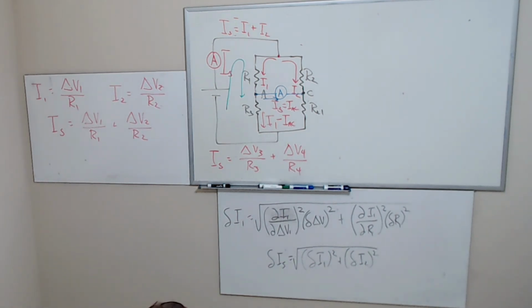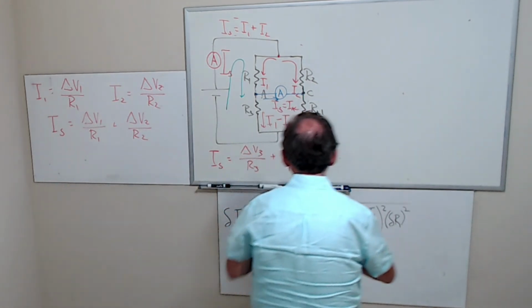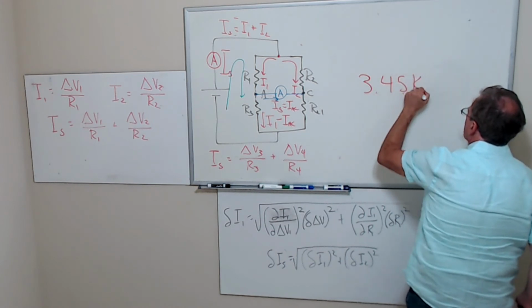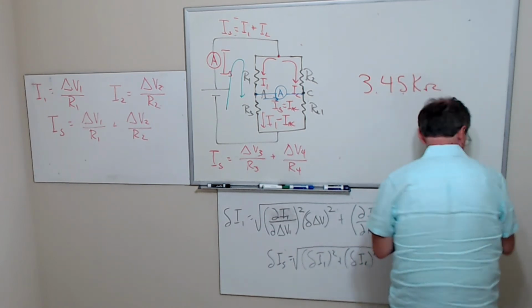How do I find the uncertainty with the resistance again? So you measure the resistance and look at the meter. Find the first decimal place at which it varies. So for example, I'm just going to make up a number.